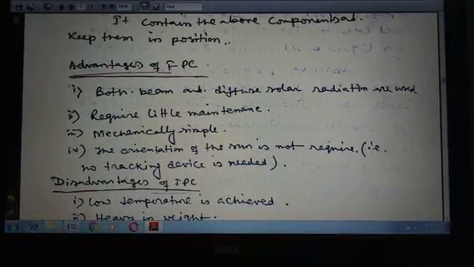Next point, it requires little maintenance. No maintenance is required because all the components are enclosed in a common box, and this is a compact system. This type of collector is mechanically simple, not a complicated design. Next, orientation to the sun is not required because this is a flat plate collector. All positions of the sunlight are tracked by this device.